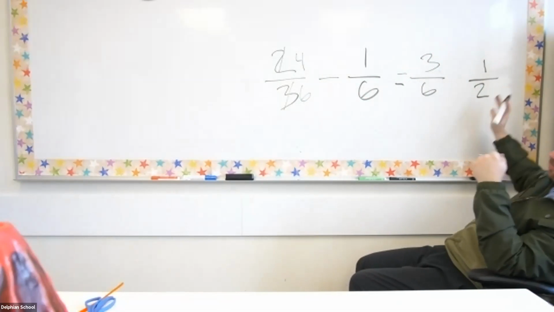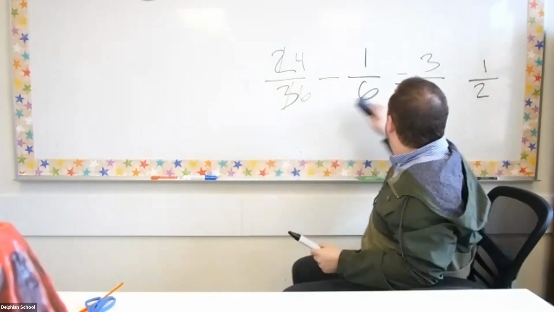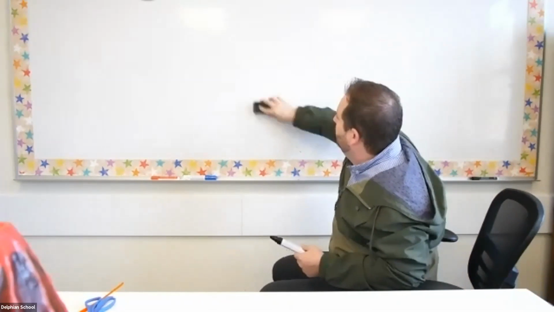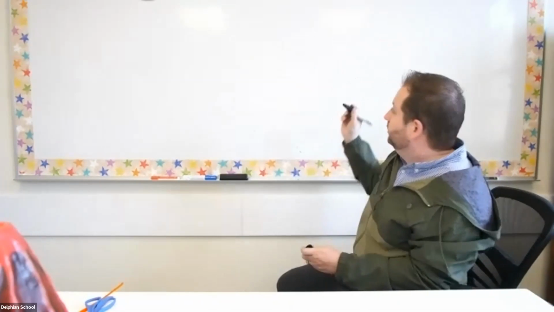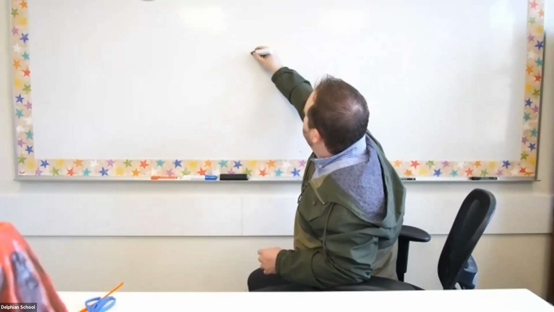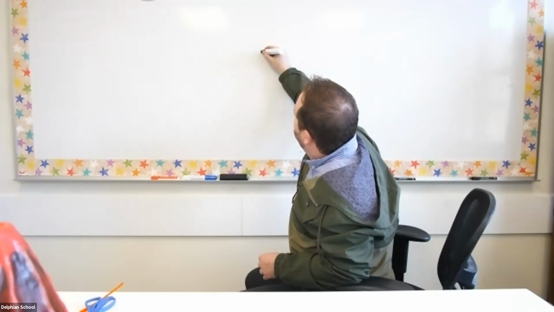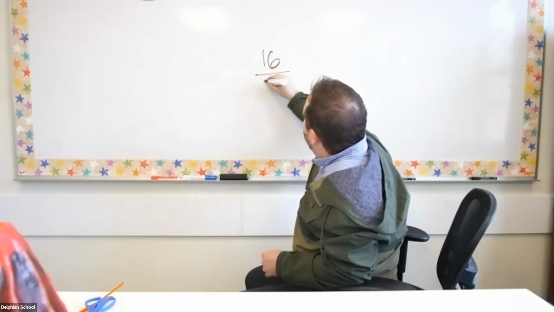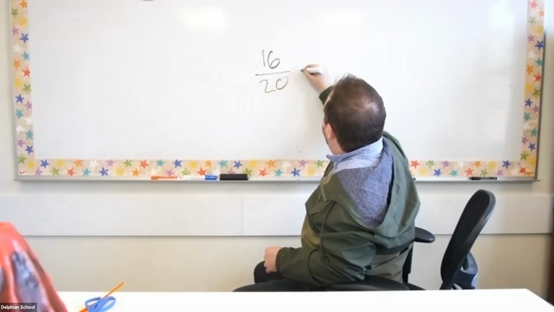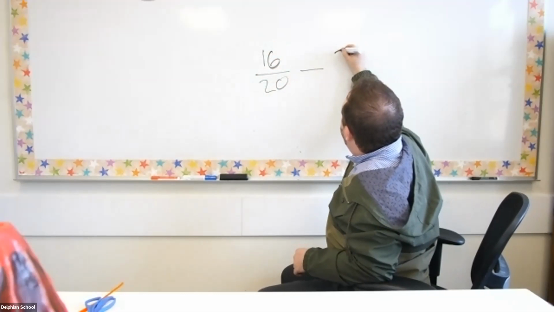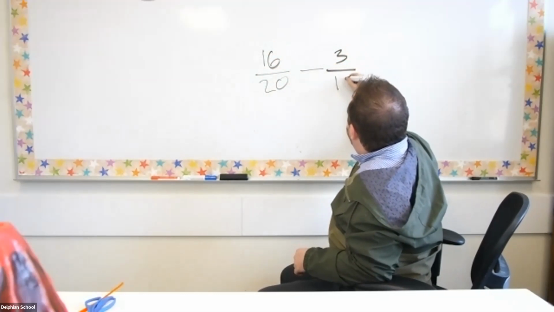So there it is. I want to put a couple up there for you guys to do, and then I want to get to a fun trick, and that's probably all the time we're going to have today, is we're going to be able to do this fun trick to find common denominators. All right, so let's go. Let's just start with some challenging ones and see who wants to just dive in. So let's do 16 twentieths minus 3/10.